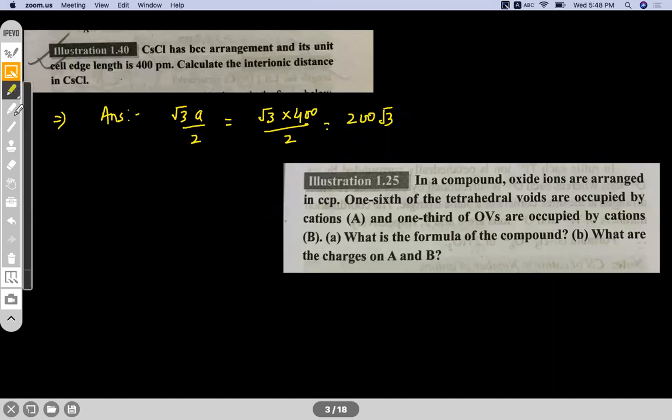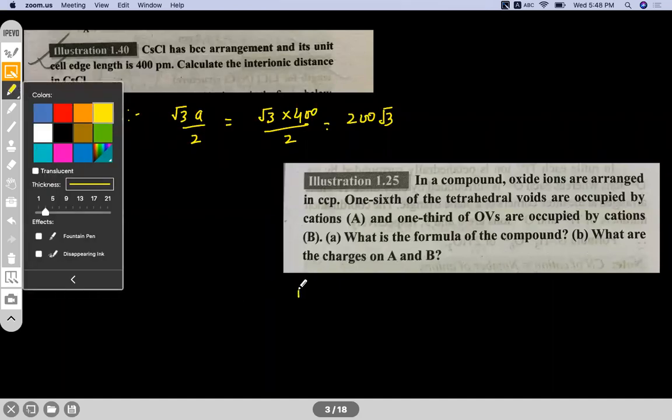So O2 minus is arranged in CCP. So the number of O2 minus, I'll write down directly, is 4. One-sixth of the tetrahedral voids are occupied by cation A. So the number of A, we don't know the charge on A, right?